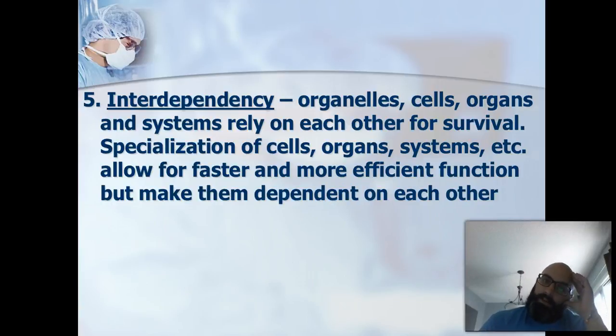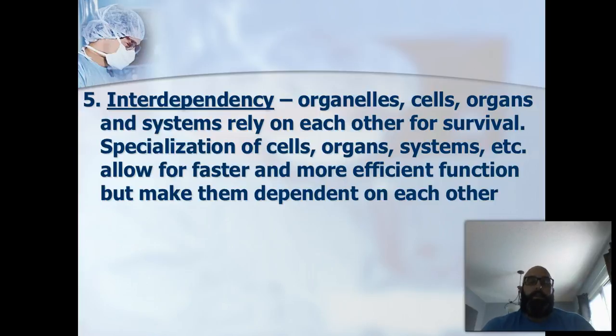Interdependency basically means that in all the biological levels of organization, from organelle, cell, tissue, organ, system, organism, one malfunction in any portion of that sequence or level of organization causes all levels above it to deter from homeostasis, break down, and can often result in the organism itself dying.